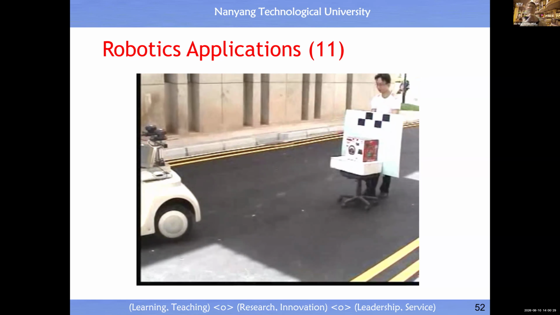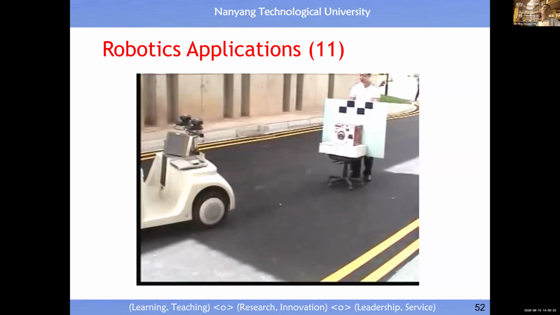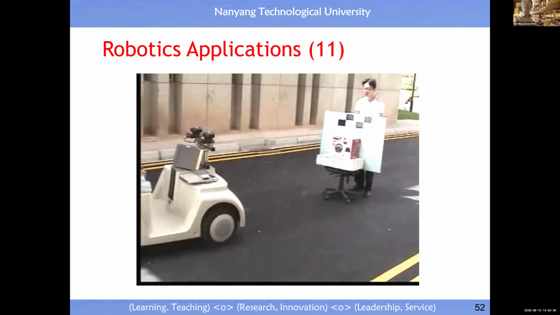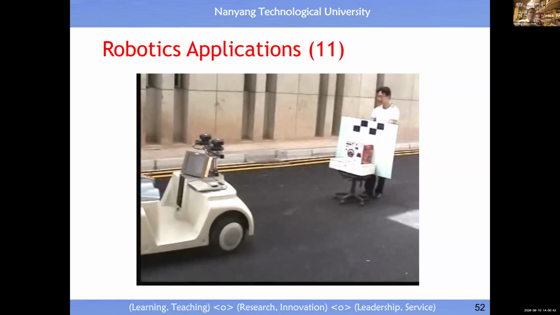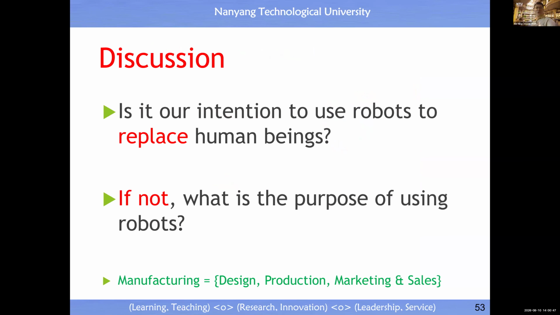This is at the B4, just next to the MAE Innovation Lab. You can recognize this road. This is a video almost 25 years ago. What have we done now? This is a demonstration, and this is just for you to think.